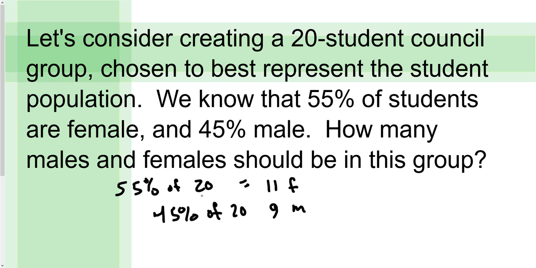That's pretty easy enough to understand. Remember that in order to deal with proportions, the easiest way to calculate it, if you ever need a calculator, is 0.45 times 20, and that will be equal to 9. Now that works out nicely, but as you can imagine, not every group works out nice and even.